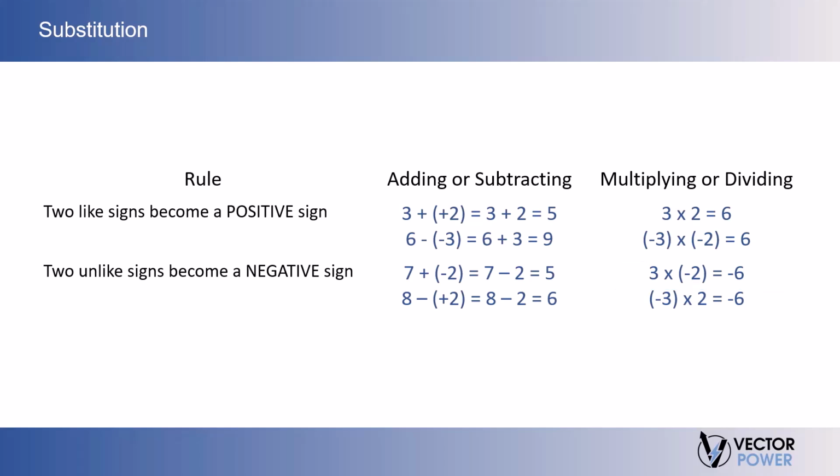Going back to adding and subtracting, another example, 8 minus a positive 2 would equal 8 minus 2, which would equal 6. Multiplying or dividing, if we had a negative 3 times a positive 2, that would equal minus 6.